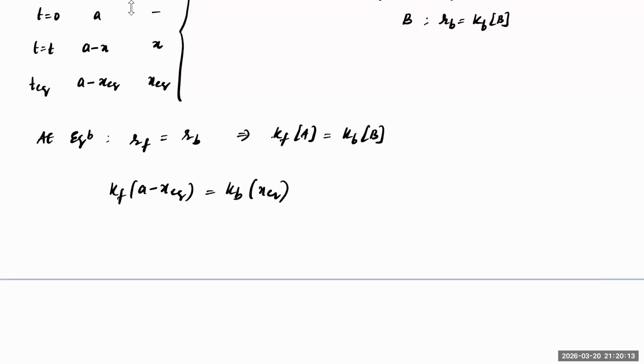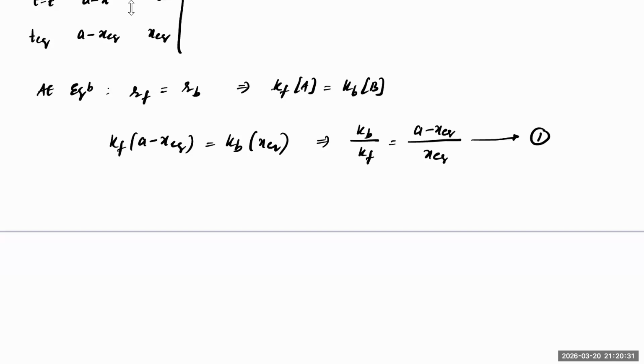Done. So from here I can write Kb by Kf will be equal to A minus x equilibrium by x equilibrium. Now this we will be using a lot of times, so please do remember it this way. Kb by Kf is equal to A minus x equilibrium by x equilibrium.